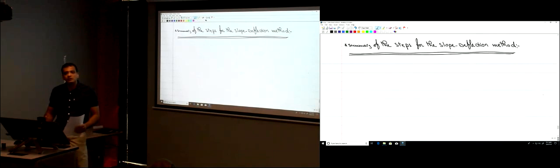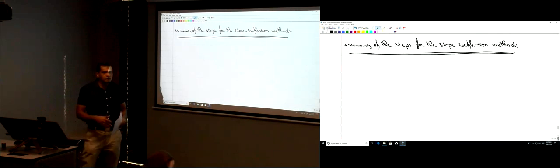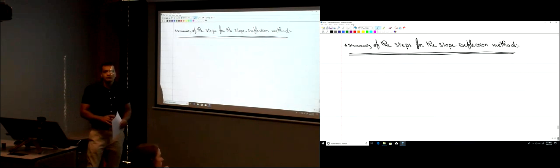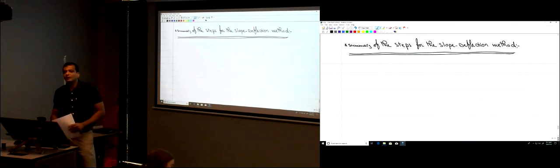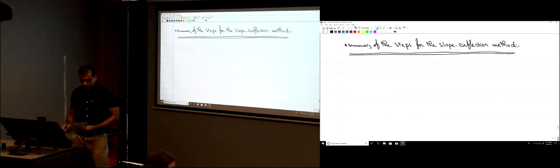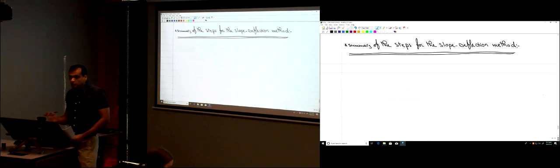What do I mean by solving indeterminate structures? Finding the internal forces in indeterminate structures, okay? Drawing the bending moment diagram and the shear force diagram in indeterminate structures. So how do we use this slope deflection equation and what we learned so far to find the internal forces?